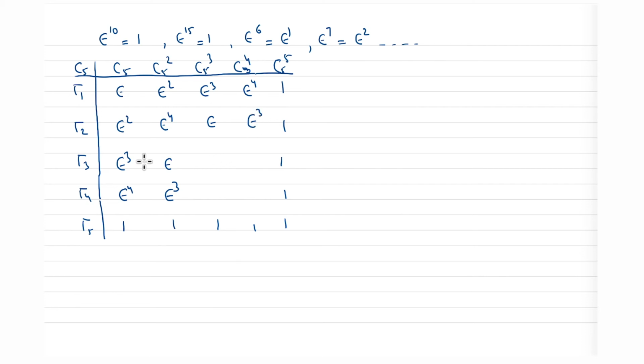And this will be 3, 6, 9. So this can be written as 4. 3, 6, 9, 12. So this can be written as 2, right? And here 4, 8, 12. So 12 can be written as 2. And 16 can be written as 1, right? So this is easy.